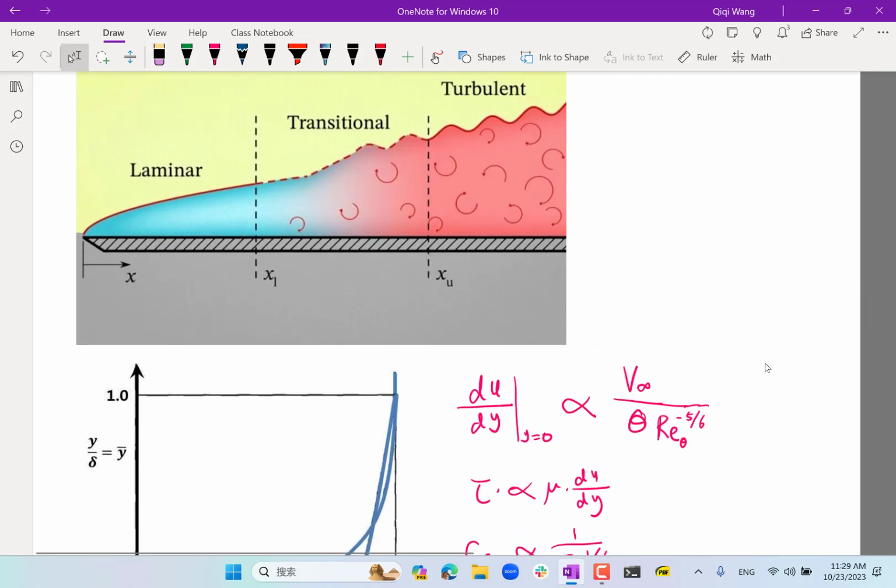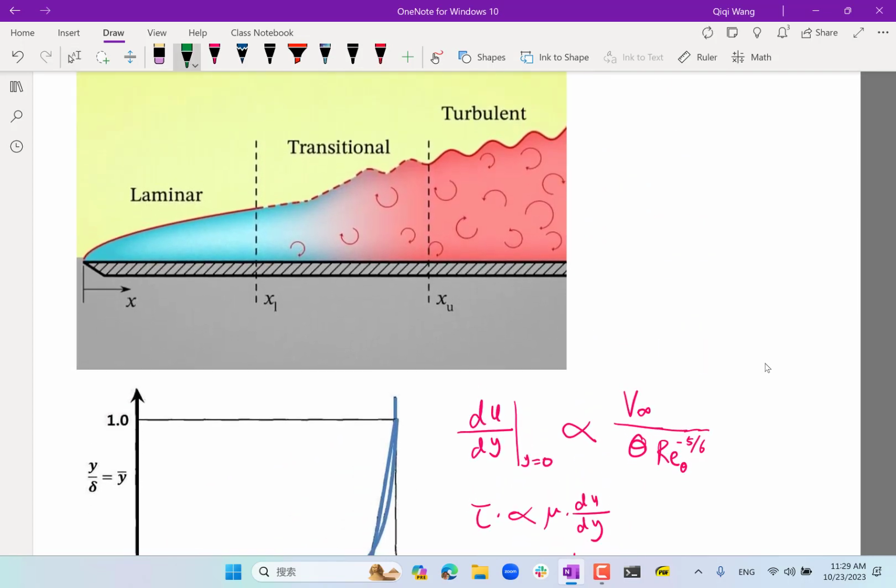If you look at this picture, here in the beginning, in this laminar portion, theta, the thickness, grows like x to the half power, a square root relationship. But now in the turbulent region, theta no longer grows as x to the half power, but x to the 6/7 power. And 6/7 power is almost the power of 1.